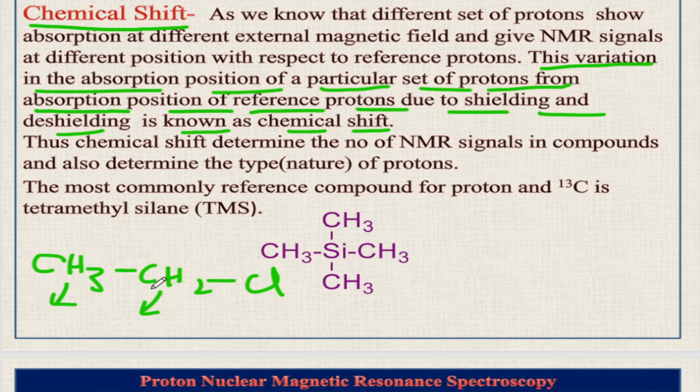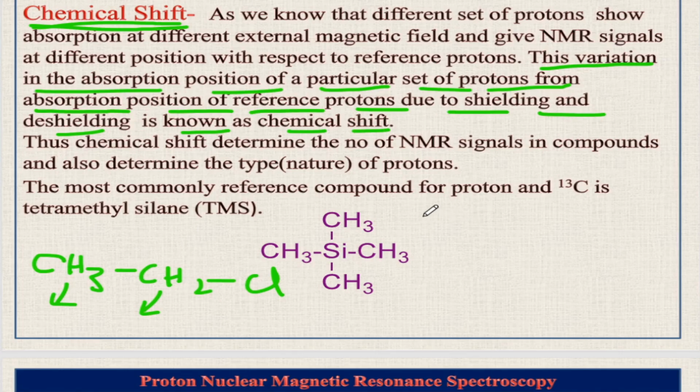The NMR signals of these two sets of protons appear at two different magnetic field strengths with respect to a standard, reference compound. So the variation in absorption position of these two sets of protons with respect to a reference is called chemical shift.